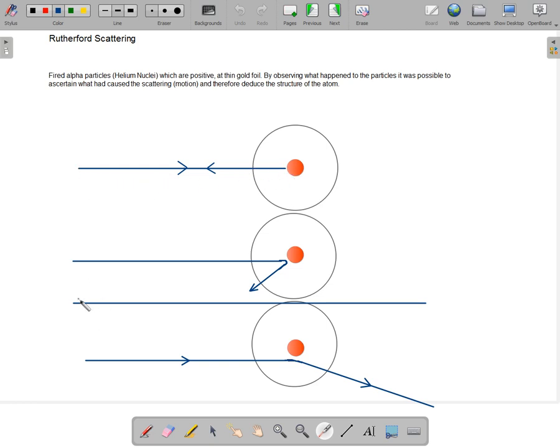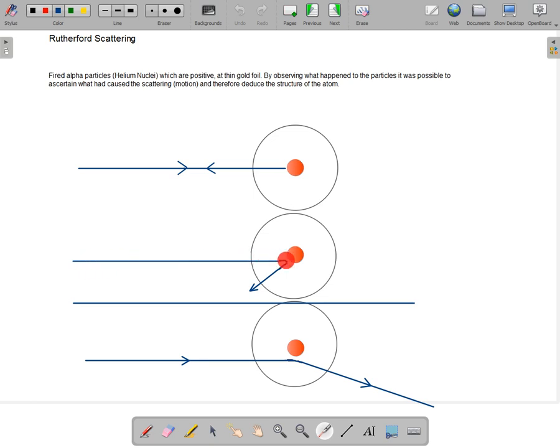Now when they fired the alpha particles at the atoms, the majority passed through undeflected. Some of the alpha particles were deflected by small angles, and that could have been caused by a positive or a negative charge, which would have affected the path of the alpha particles.